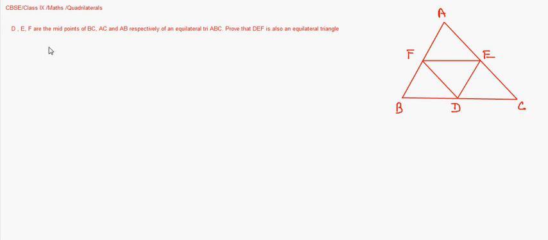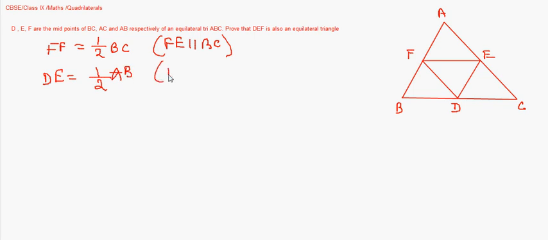That means FE is equal to half of BC, as well as parallel to BC. Similarly, DE is half of AB and also parallel to AB. FD is half of AC and FD is also parallel to AC.